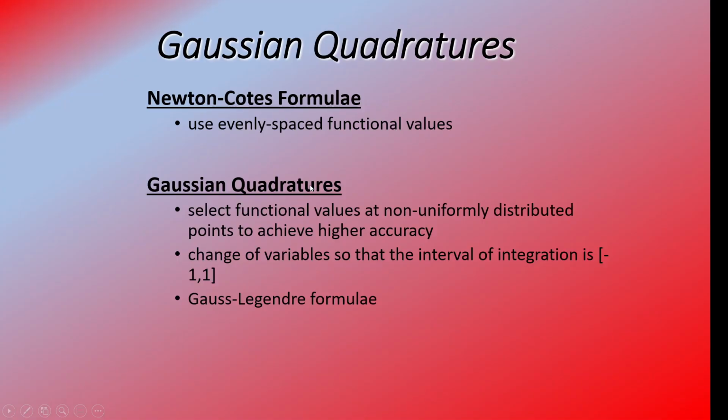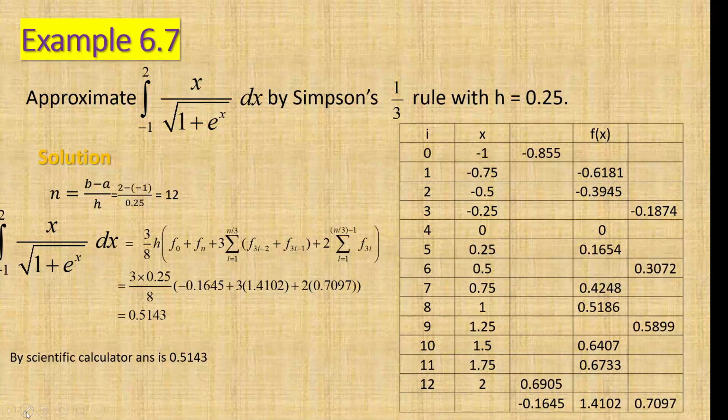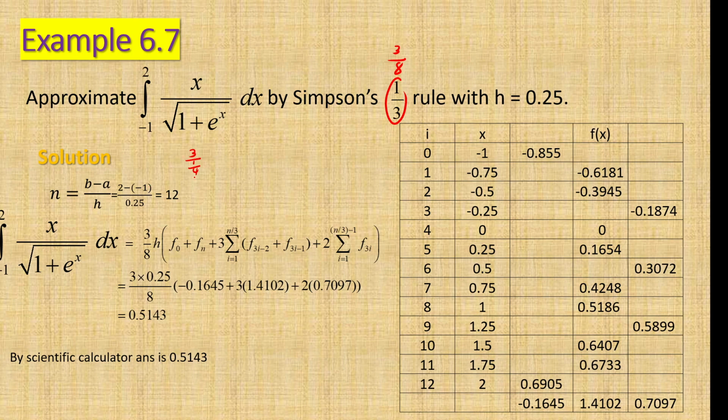Please change it to Simpson 3 over 8 rule. So n is actually (b minus a) over h, 2 minus negative 1 is 3, divide by 0.25, you get 12, because 3 divided by 1/4 is 12.